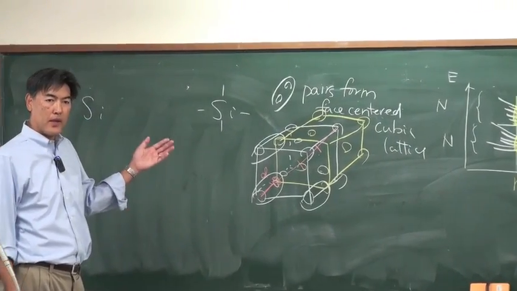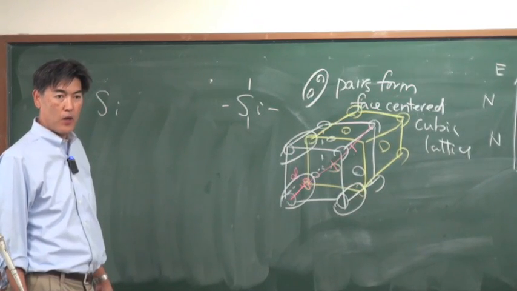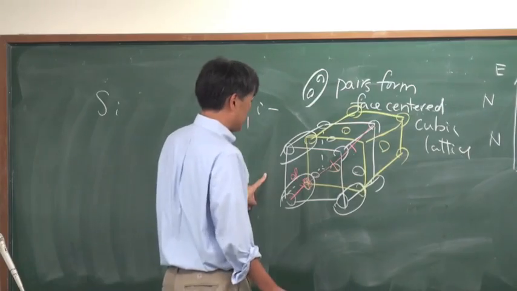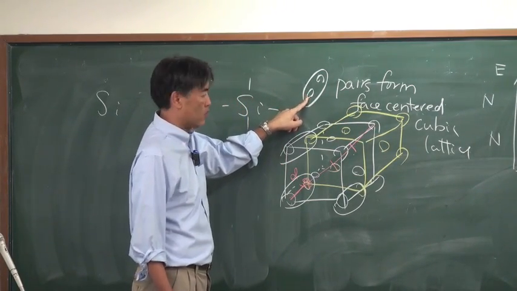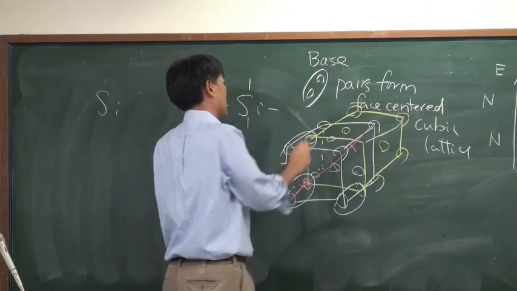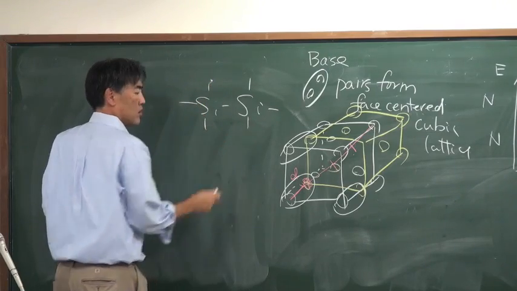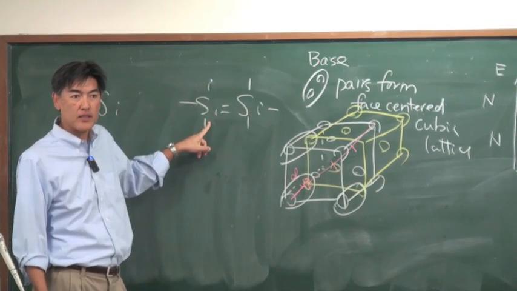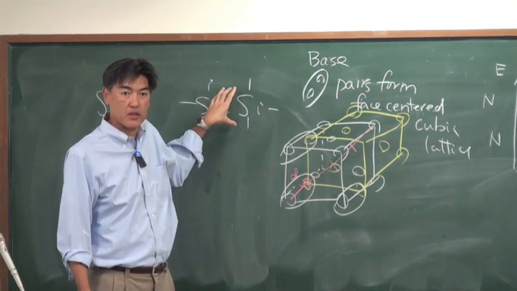In the definition of a Bravais lattice, I hope you have heard about Bravais lattices, within this pair, which we call the base, there are two silicon atoms with 8 valence electrons, because within each pair there are 8 electrons.